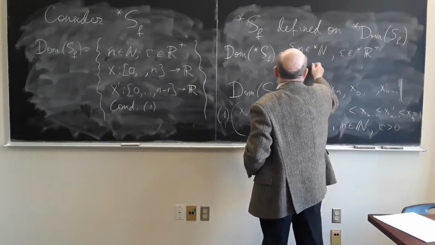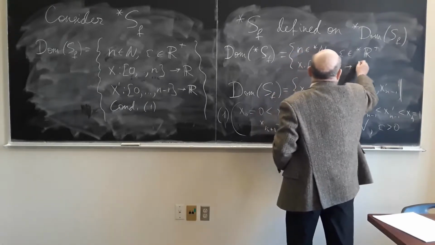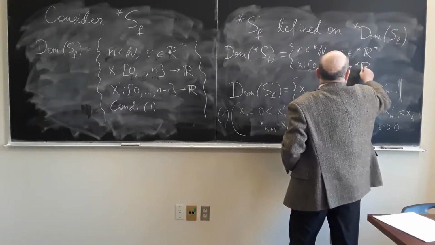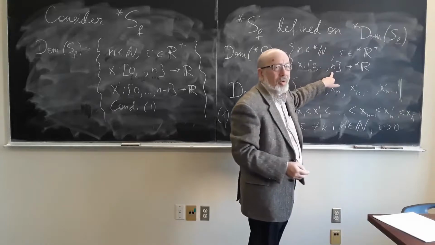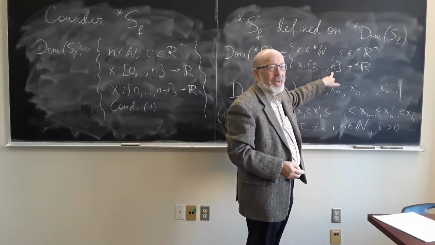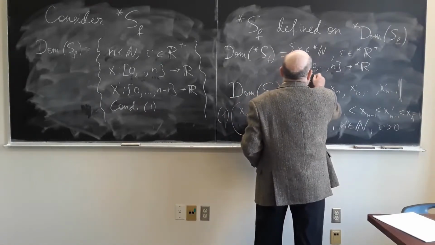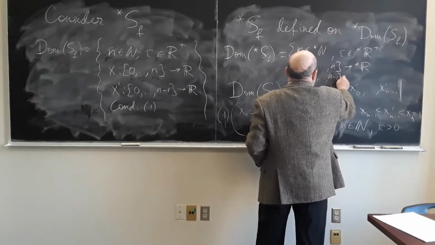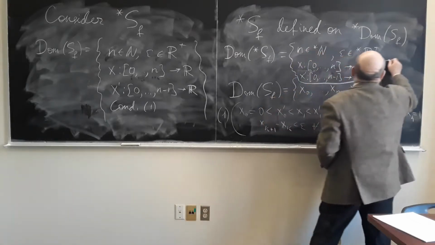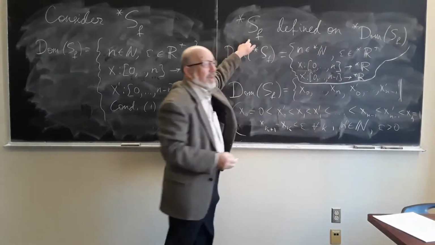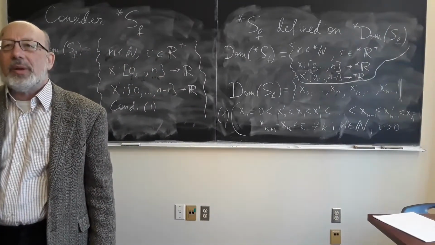X_0 through X_n are in star R, they can be finite or infinite, depending on n. And x prime_0 through x prime_{n-1} are in star R. And the function SF, the integral sum, is also defined on all this domain.